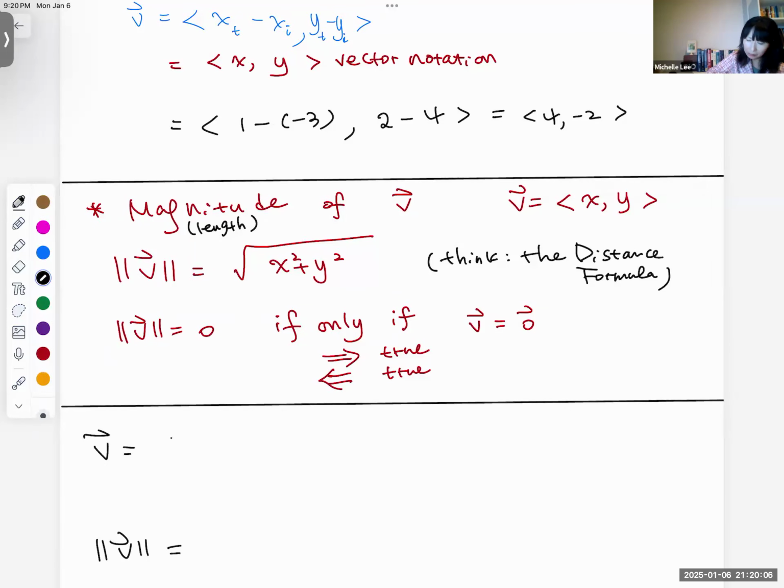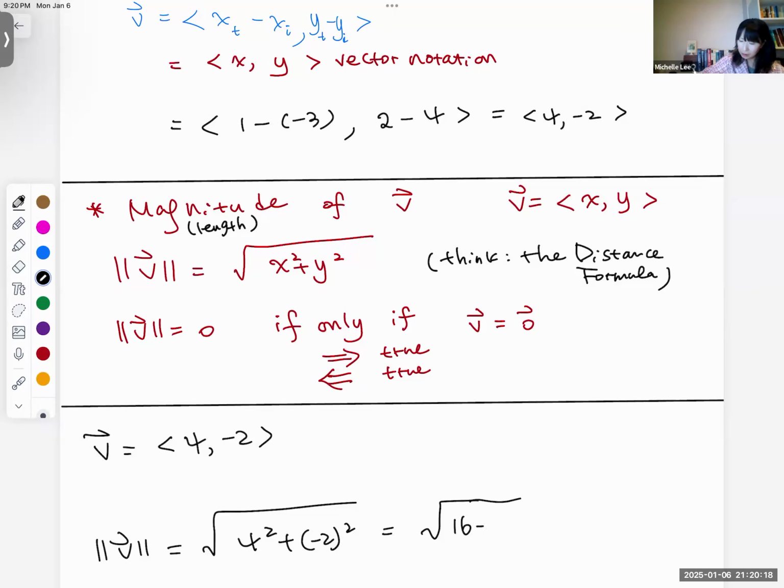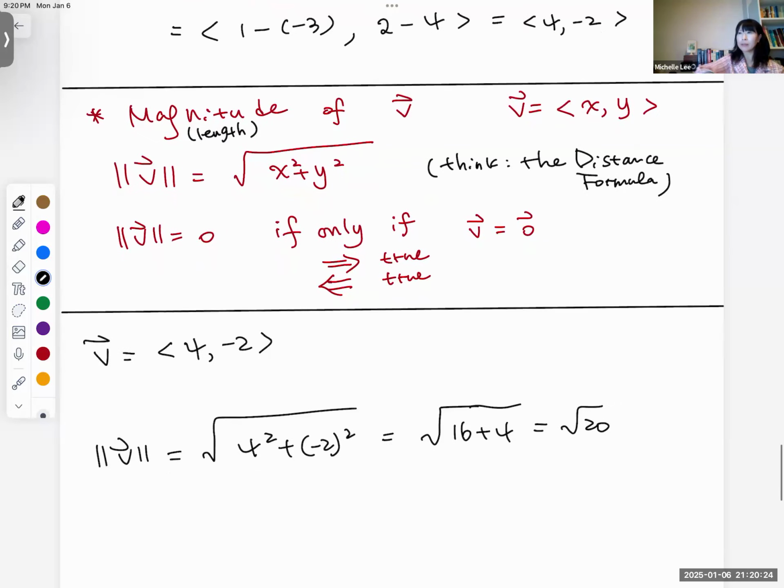From the above, vector v has components 4 and negative 2. Then that will be the square root of 4 squared plus negative 2 squared, so 16 plus 4, which is the square root of 20, right? Oh, you cannot see. Sorry about that. Is it okay?